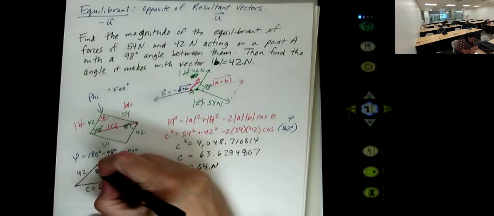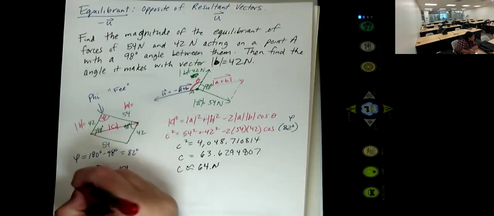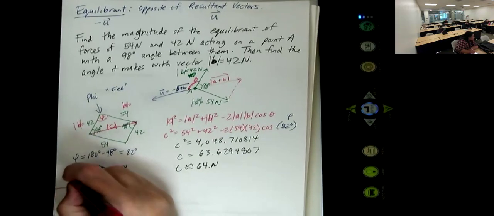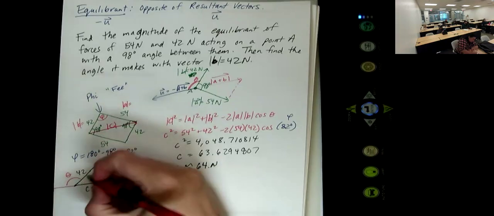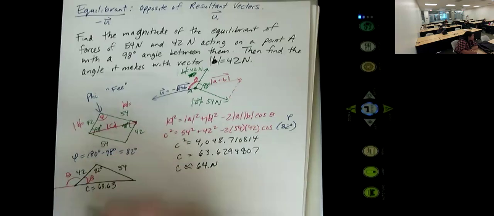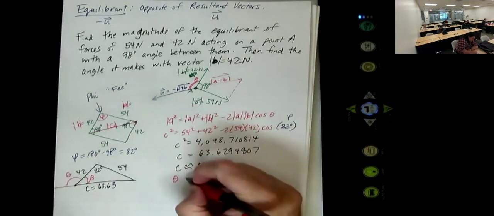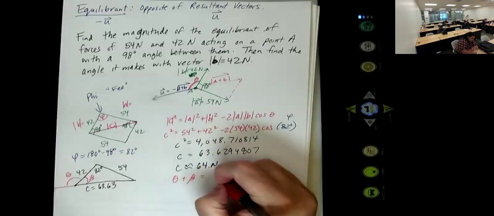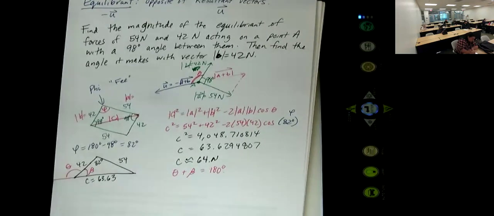This was 82 degrees, and we're looking for this angle here, theta. If I use this angle here, let's go with beta on that one. Theta plus beta is 180. So if I find beta, I can find theta easily.